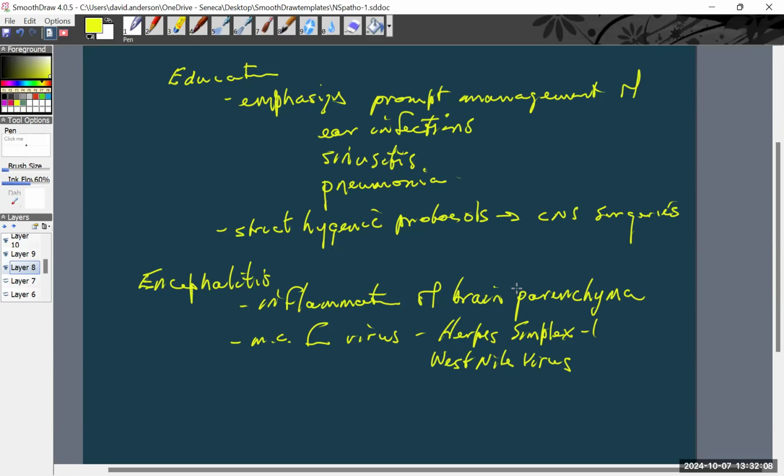And basically what we're talking about now, we can also have bacterial infections, fungal, or parasites, but these are going to be much more rare as far as that goes.